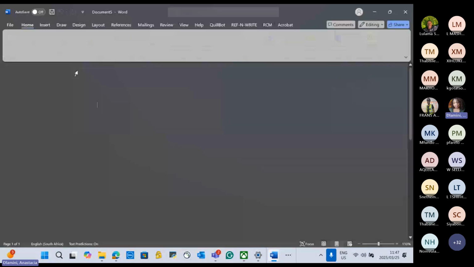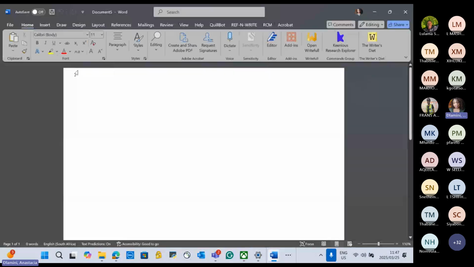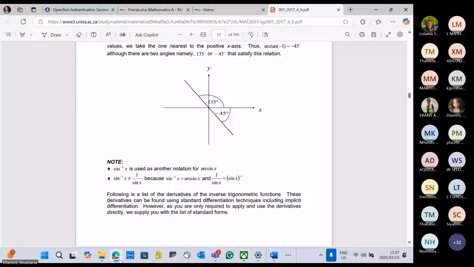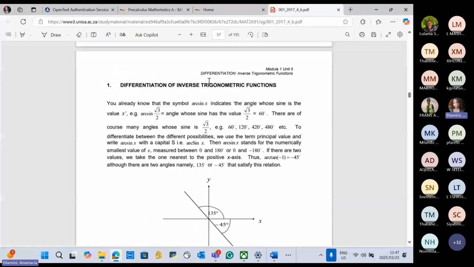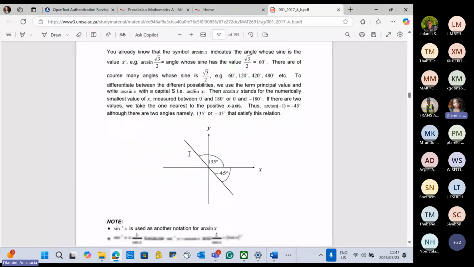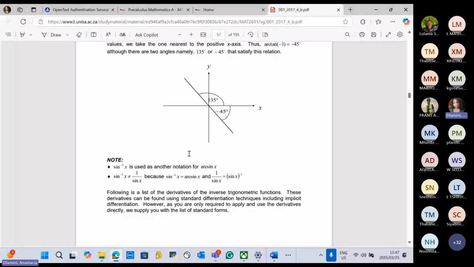Thank you. Now, you are going to read this top part here. It's what we explained, okay, this is the angle and then this is what. Now they say note, sine to the power of negative 1 of x is used as a notation for arcsine x, meaning that in the exam, I can use sine to the power of negative 1 of x or I can use arcsine x.